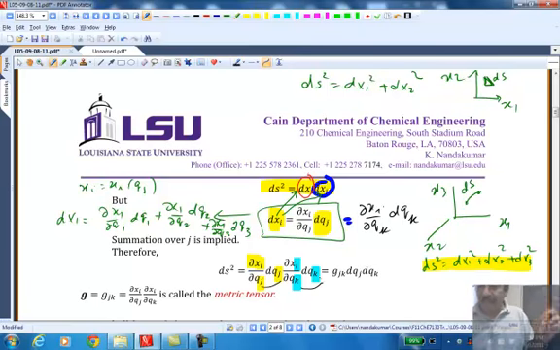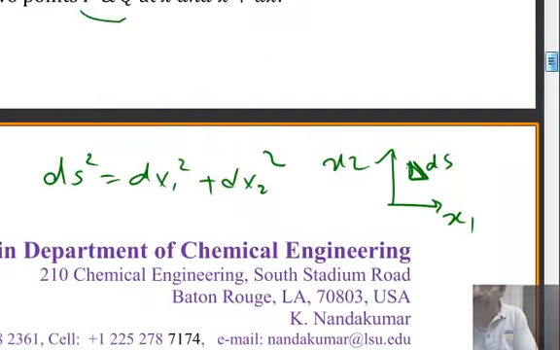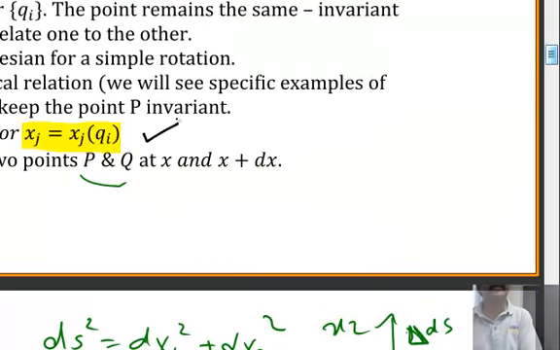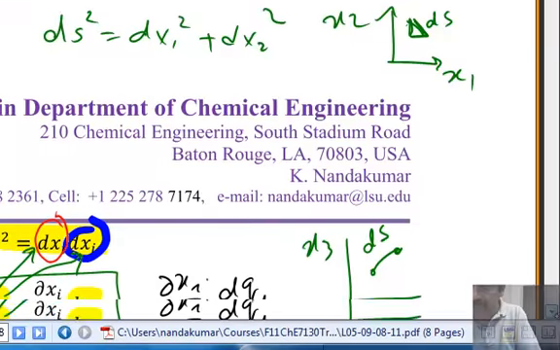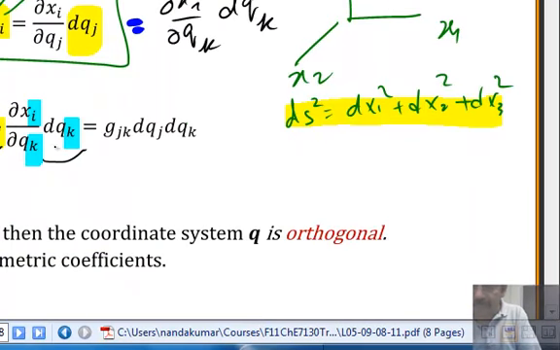But in all this, we know how to calculate these derivatives because we know the algebraic relationship between x and q. That is what is given. Our starting point was that we know this. If you give me x, I can calculate q, or if you give me q, I can calculate x. That relationship is known. So I can take the partial derivative of those and calculate.